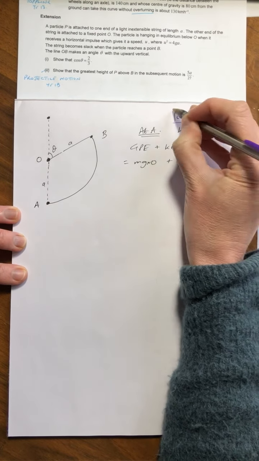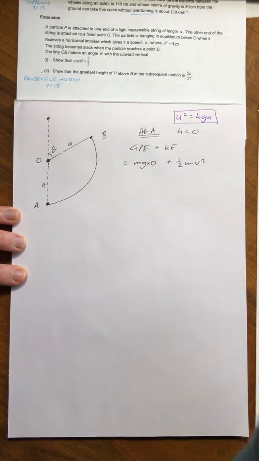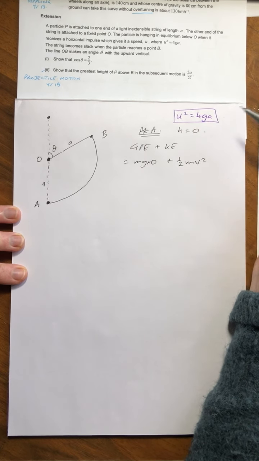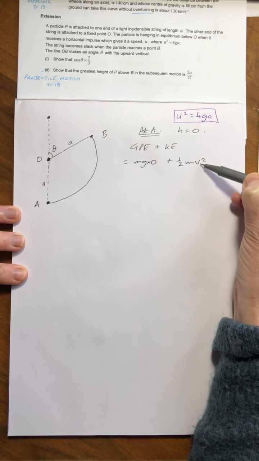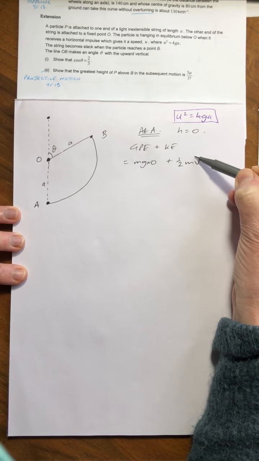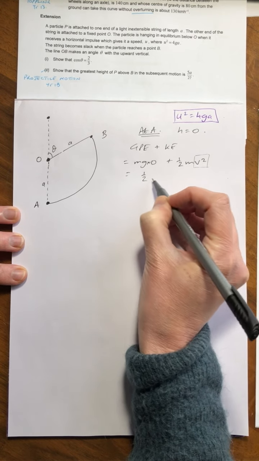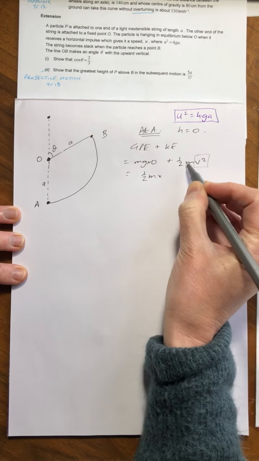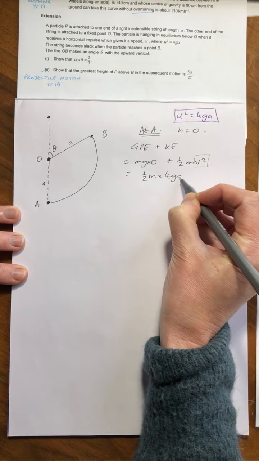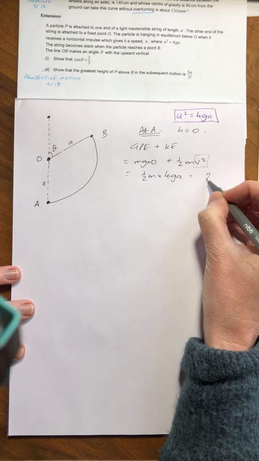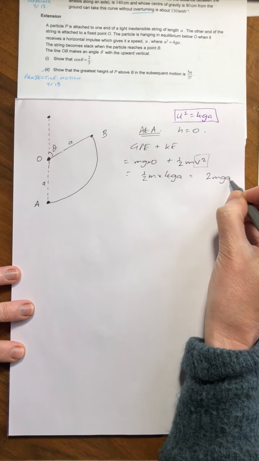Quite often we've got a speed of 0, or we're given a numerical speed. But here I know that u squared is 4ga. Of course, u means the initial speed, so that's what I'm going to put in there. So we don't have any potential energy, but we've got a half mv squared, which is 2mga. So my total energy when it's at A is 2mga.